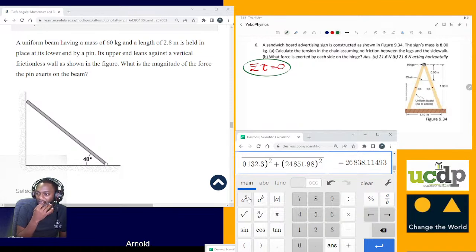And let's identify the forces that we have on the system. We've got obviously the weight going straight down.